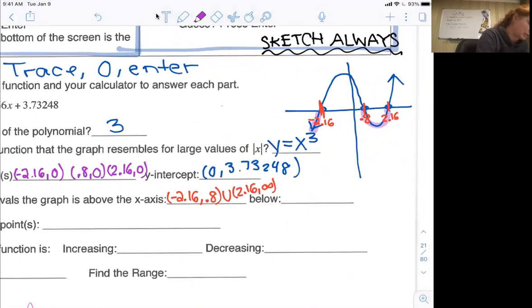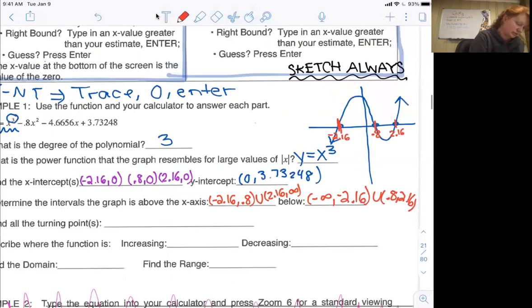So there's two segments, so you're going to have two answers here. It is below from negative infinity up to negative 2.16. Union, it's also below right here, between what two x values, 0.8 to 2.16. Again, those aren't points, those are intervals.